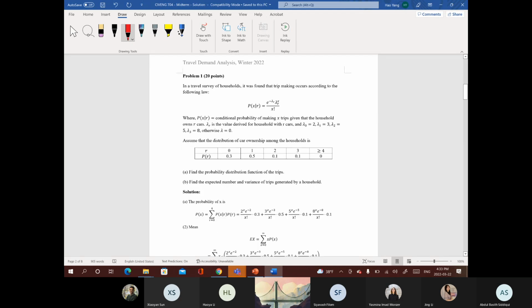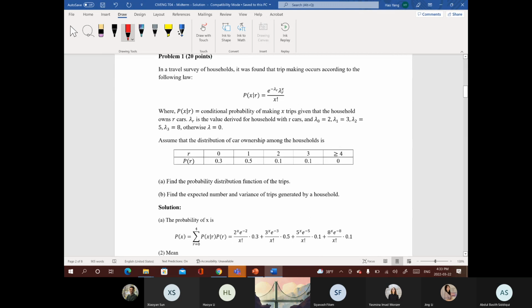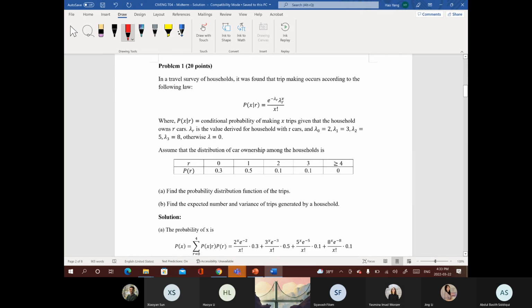For the first problem, I guess it's a little bit tricky for you to work on. For problem 1, we will consider conditional probability and joint probability and how to find the full probability.